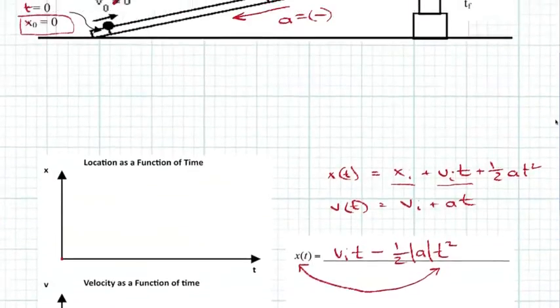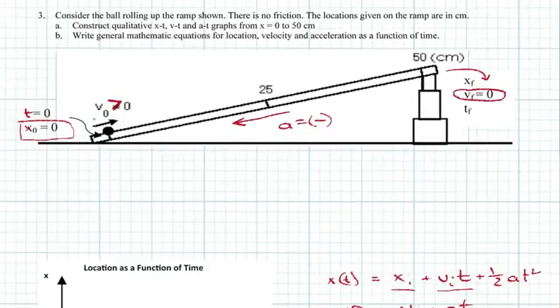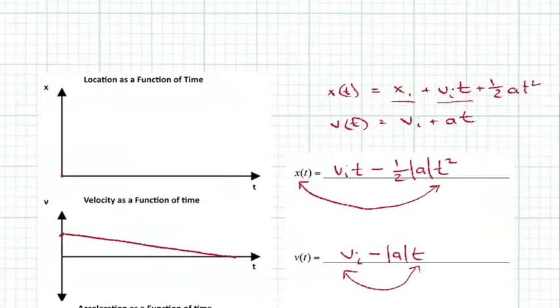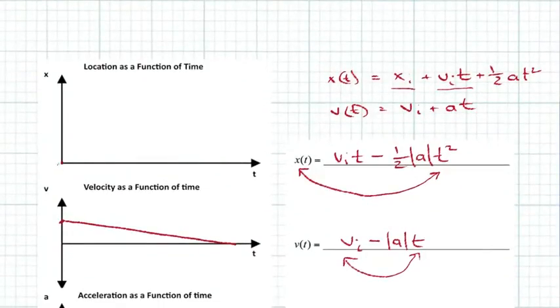Our initial slope is the initial velocity right here, which is greater than 0. So we need to start with a positive slope, like that. This is the starting position, but this is the starting slope because our initial velocity is positive.